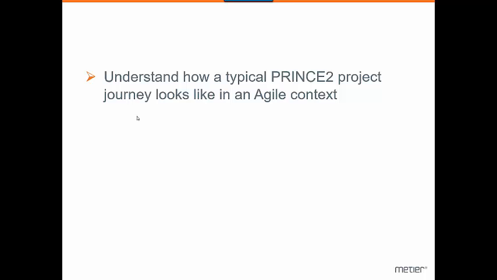Otherwise, go back and look at the video 10 times more. No, seriously. I don't know if that's going to help you. But that is the high-level and quick view of how your PRINCE2 project looks like when you're doing it Agile.